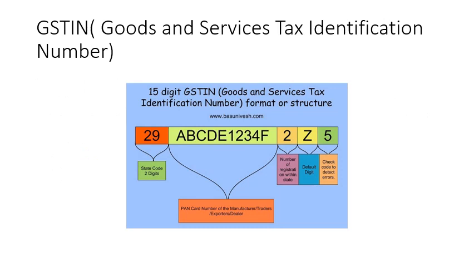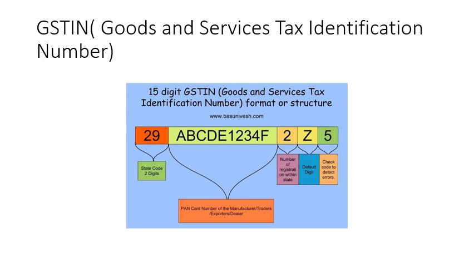Now the next aspect under GST legislation, that is GSTIN, goods and services tax identification number. Earlier under the VAT system there was an 11-digit taxpayer identification number that was allotted to each business entity registered with the commercial tax department. Now under the GST regime, this TIN is replaced with the 15-digit GSTIN, that is goods and services tax identification number.